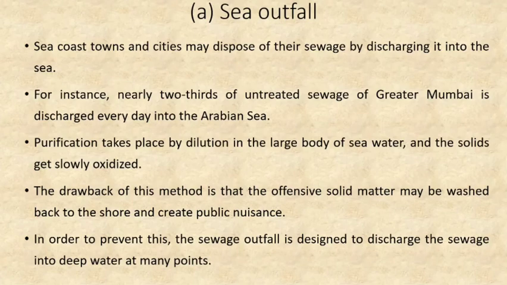The drawback of this method is that offensive solid matters may be washed back to the shore and create a public nuisance. So in order to prevent this, the sewage outfall is designed to discharge the sewage into deep water at many points. So it should not be disposed directly. It should be discharged into the deep sea water.